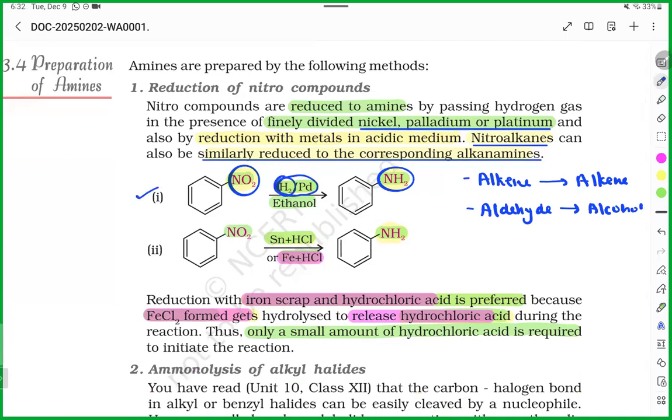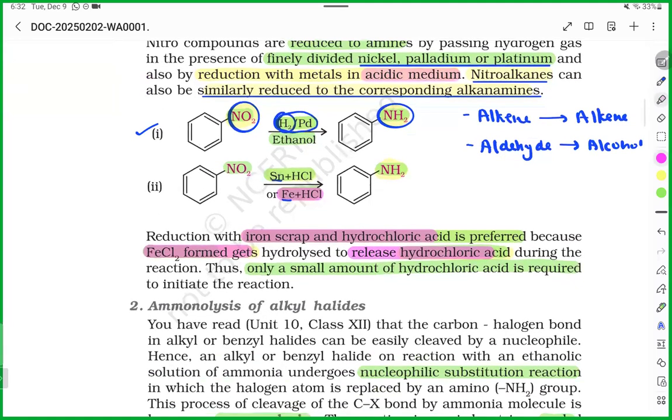Second reaction, you can do the same thing in presence of metal, whether tin, Sn, or Fe, in acidic medium only. Very important word for your competitive exam: acidic medium only. Because, for example, in basic medium you can get reduction of the metal, then this will not happen.